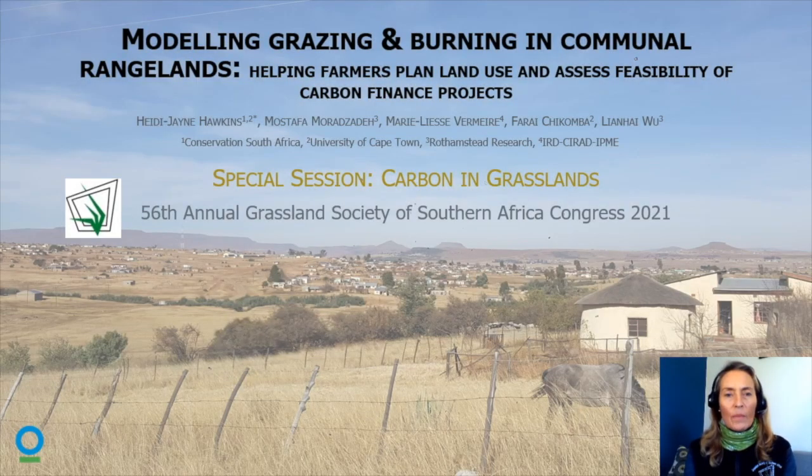Morning, everyone. I'll be talking to you about using modeling as a starting point for discussion with communities on communal rangelands for better land use planning and then possibly carbon projects on these lands.